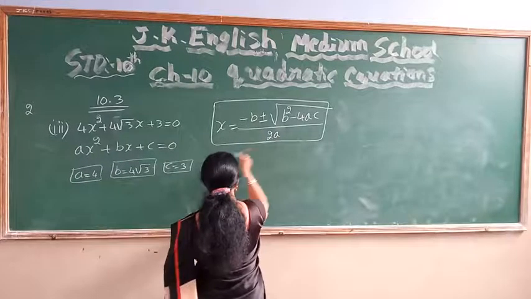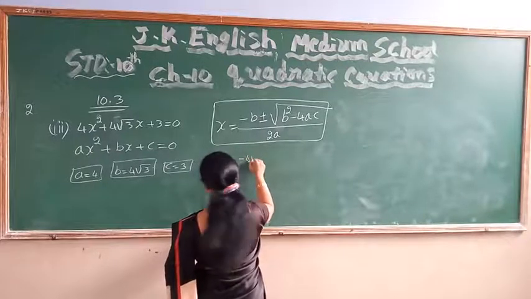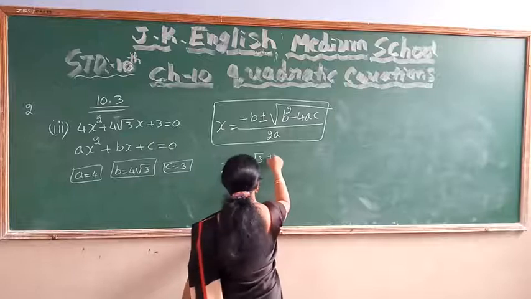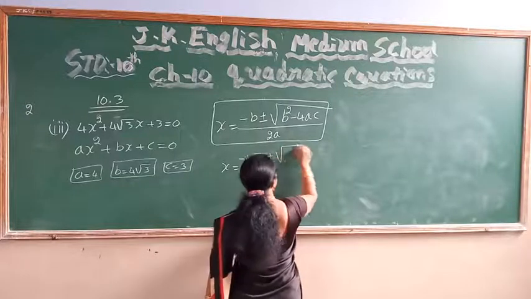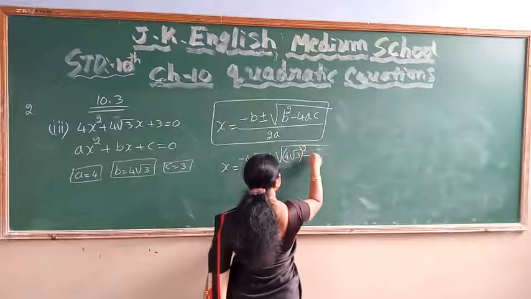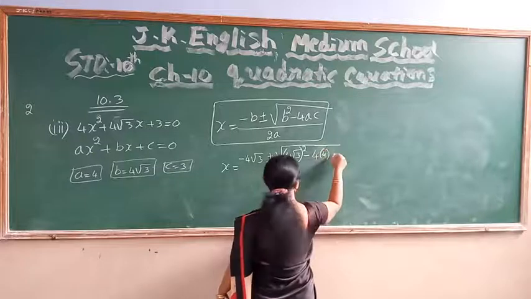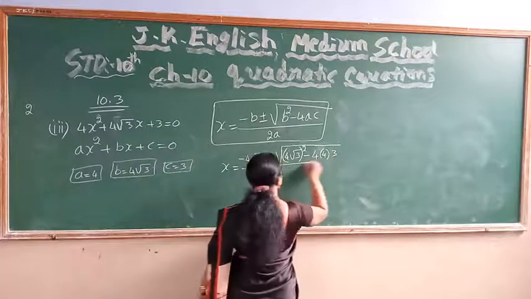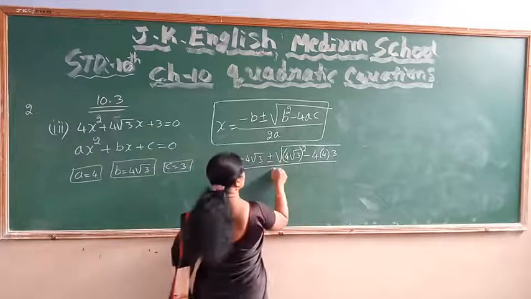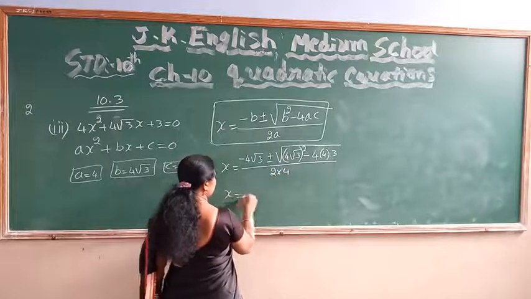Write this quadratic formula. x is equal to minus b value, which is 4 root 3, plus or minus root of b square, means 4 root 3 whole square, minus 4, a value is 4, c value is 3, divided by 2a. A value is 4 here. So multiply and simplify.